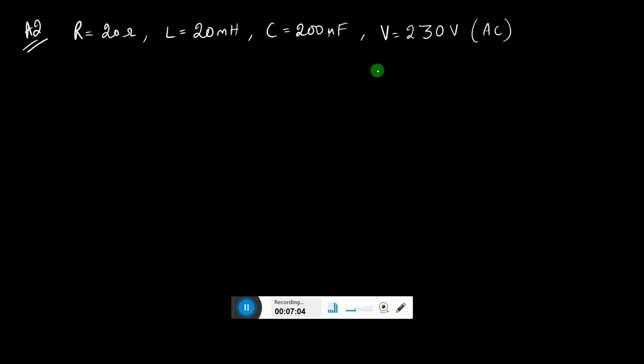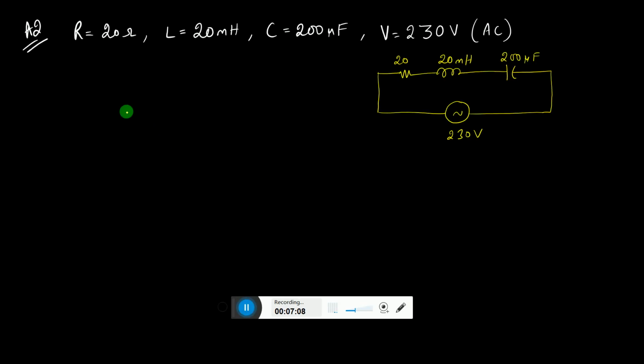So here we have the RLC circuit. Let us draw. Now if I get to know the value of the impedance Z, so Z is equal to R plus j omega L minus j 1 by omega C, which I can write as R plus j (omega L minus 1 by omega C).